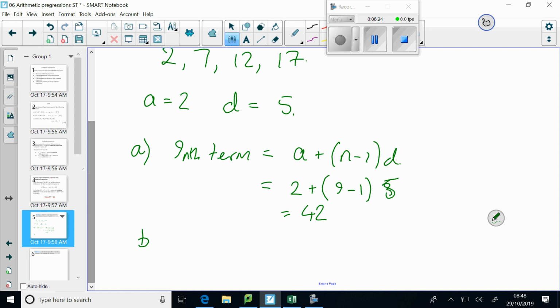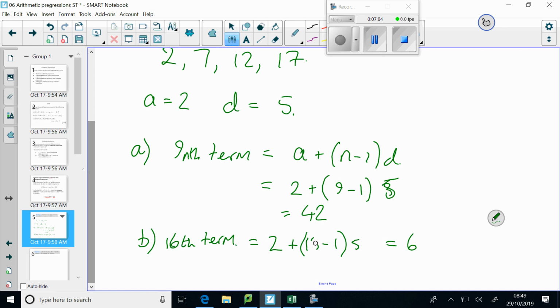So B, 13th term. You've already given me the formula, so it is 2 plus 13th term minus 1 times the common difference, 5. And it equals 62. Yeah? 16th term, is it? Oh, I beg your pardon. 16th term.